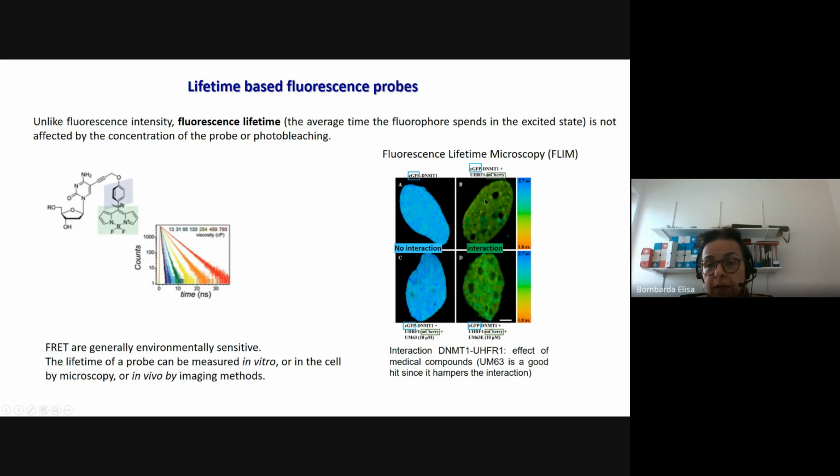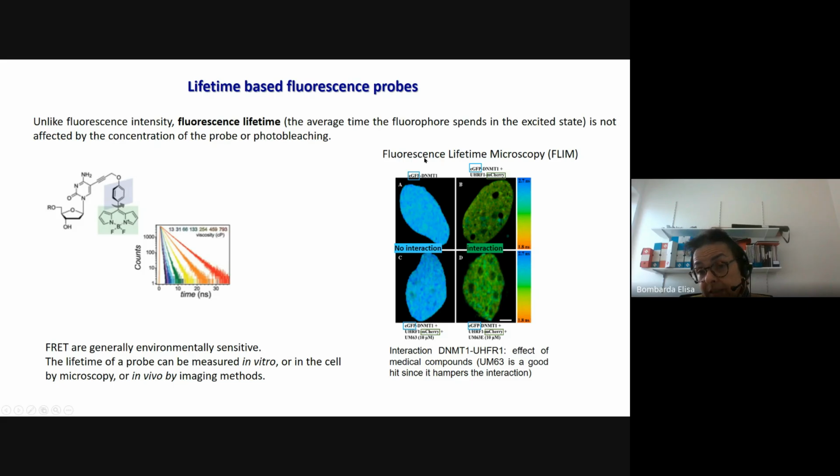So no FRET, and now we add this compound, and we see that when we add this UM63, we see practically only the lifetime of the donor. So that means that there is no interaction between these two proteins, because they cannot get close enough for allowing FRET, which is instead the case here.